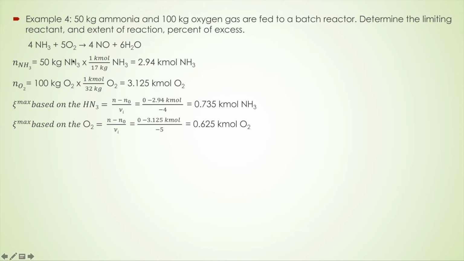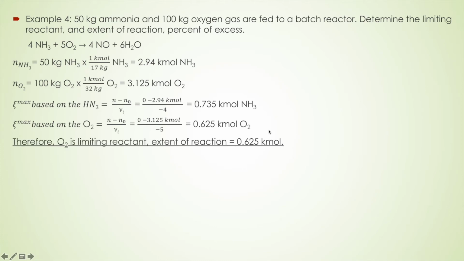Again, oxygen is a reactant, so the coefficient is negative, divided by negative 5, then you get 0.625 kilomole. Then compare these two numbers. 0.625 is less than 0.735. Therefore, we can conclude that oxygen is the limiting reactant, and the extent of reaction is based on the limiting reactant, so it's 0.625.